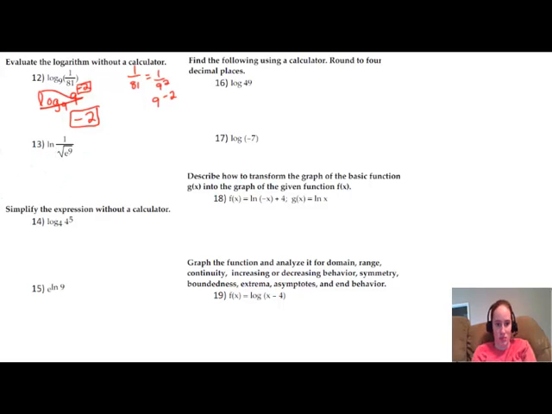For natural log, that's log with a base of e, remember, so we want to write this as the natural log of e to some power, so that the ln and the e will cancel out, like what happened up here. So how do I write 1 over the square root of e to the 9th as e to some power? Well, it takes a couple steps.